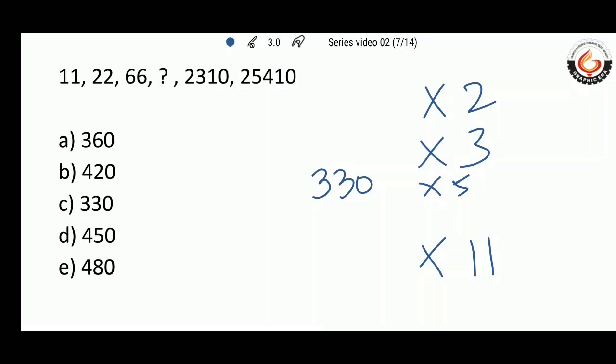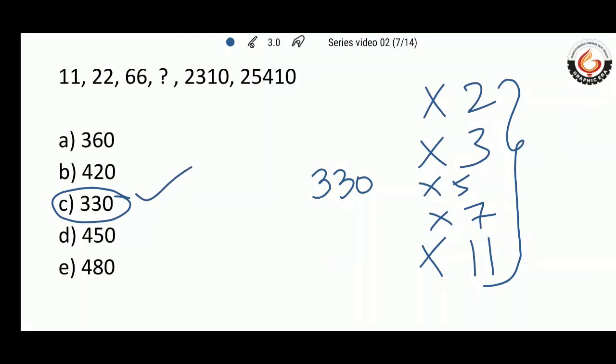And again if I multiply by 7, because these are all prime numbers, and 330 into 7 becomes 2310. So answer C, 330 is correct. Next one.